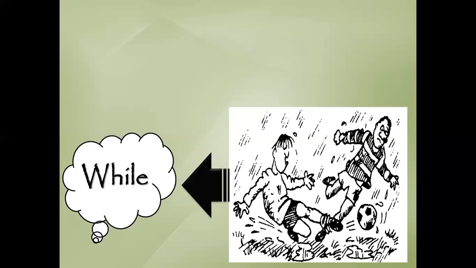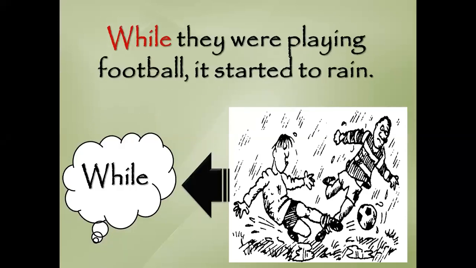I want to start with while. So can anyone write this to me, please? Excellent, Zaina, very good. While they were playing football, and there should be a comma here, it rained, or it started to rain. Very good, amazing. While they were playing football, comma, it started to rain. And don't forget to put the comma here because the connective was used at the beginning, not in the middle.